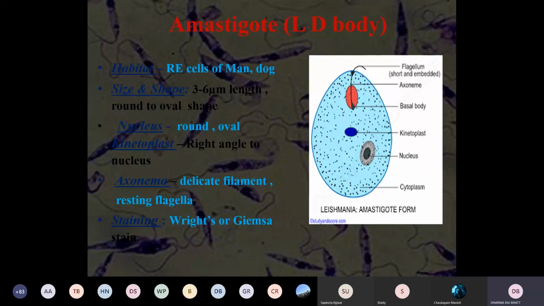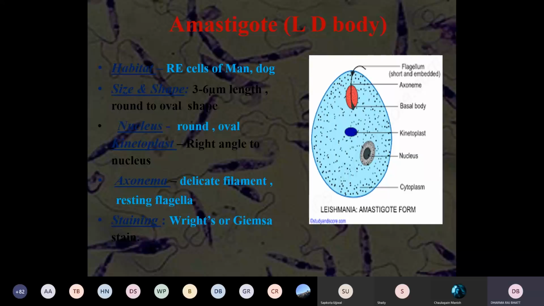Now, about the internal structures which we can see inside this oval-shaped LD body, these can be seen only under higher magnification. With the ordinary microscope that we use, we cannot visualize these internal structures clearly. But internally, amastigote forms have a round to oval nucleus.